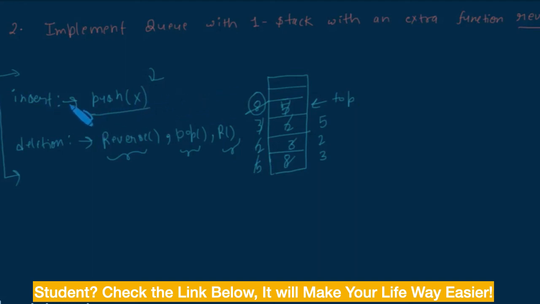Here you can see insert will take only one operation but deletion will take three operations. But you can also implement this where deletion will take only one operation and insertion will take three operations. So with this approach we can implement a queue with only one stack and a reverse function.